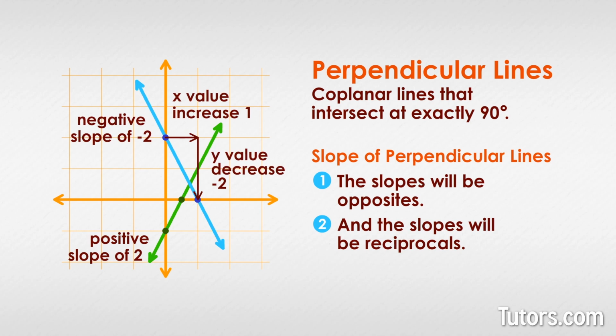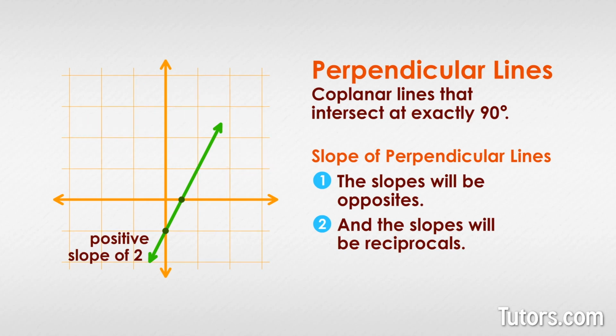Negative slopes have the inverse relationship between the x values and y values, but our intersecting lines are not perpendicular. Yet, the slopes must be reciprocal. So instead of simply having one with a positive slope of 2 and one with a slope of -2, we need the second line to be -1 over 2, the reciprocal of 2 over 1.